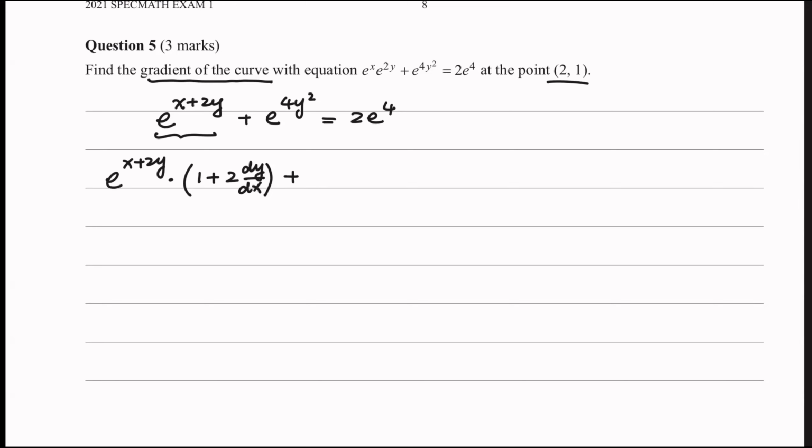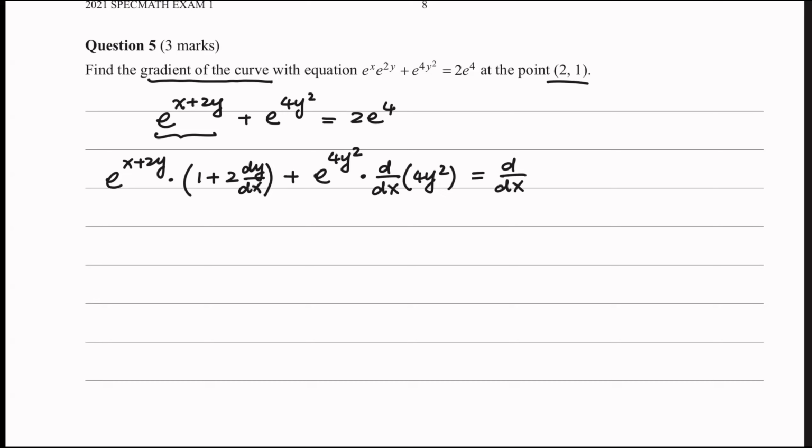Next is still a chain rule. Remember, y is an implicit function of x. So I'll get e to the power 4y squared, and then I differentiate 4y squared with respect to x. Next, 2e to the power 4.